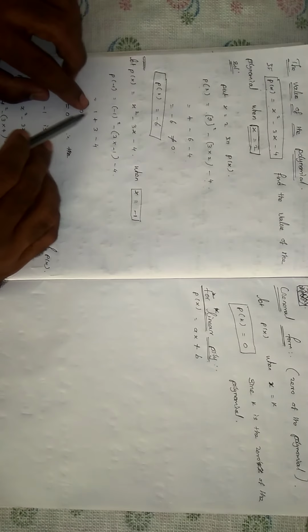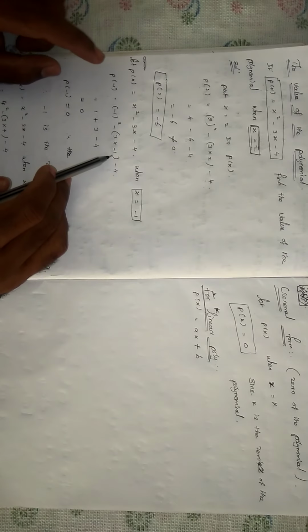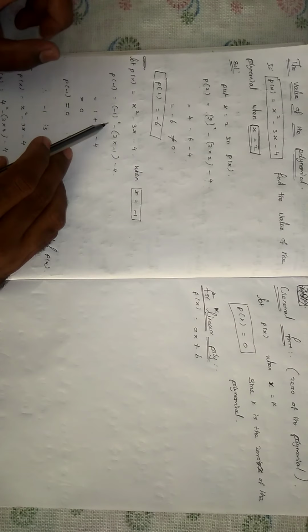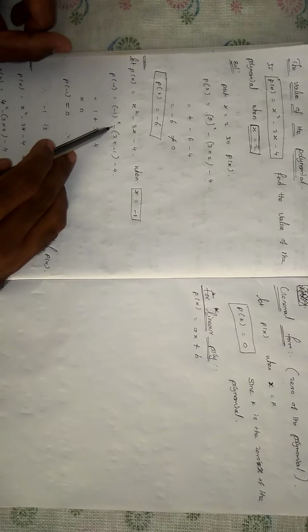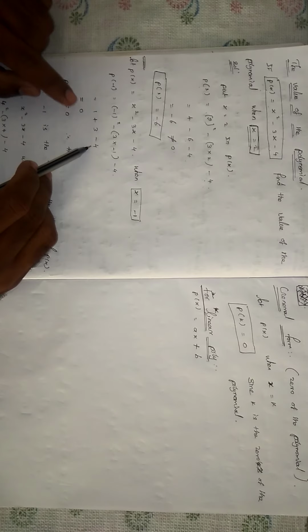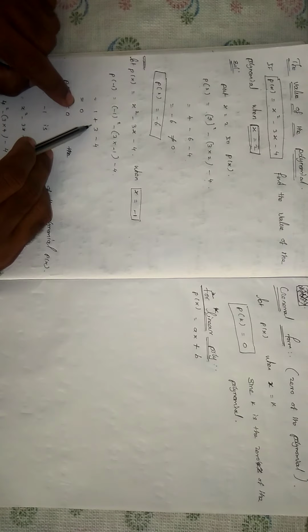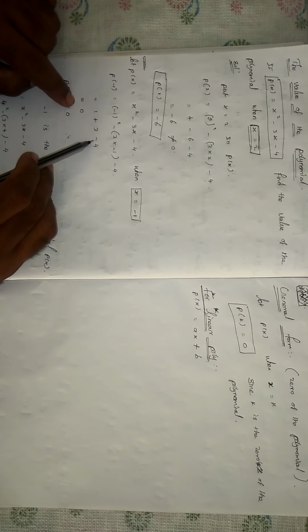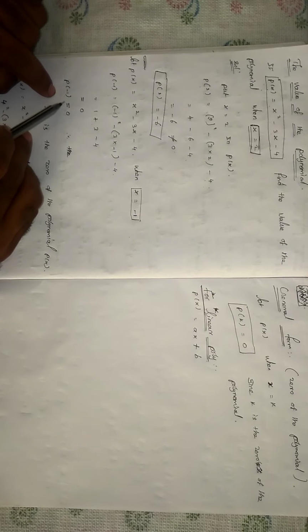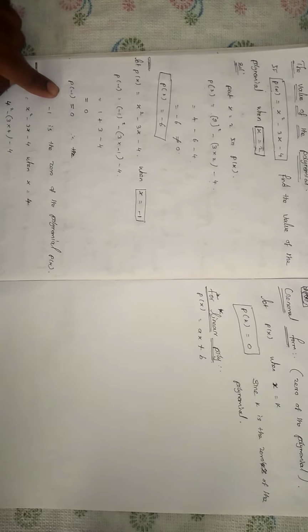So minus 1 the whole square is plus 1. 3 into minus 1 is minus 3, and already the minus outside should be there, so minus into minus 3 gives plus 3, minus 4. Next, plus 1 plus 3, that is the same symbol, so we can add it: plus 4. Plus 4 minus 4 is 0. So p of minus 1 equals 0. So the value of the polynomial is 0 when x is equal to minus 1.